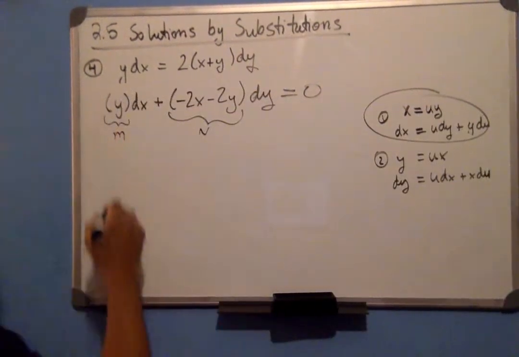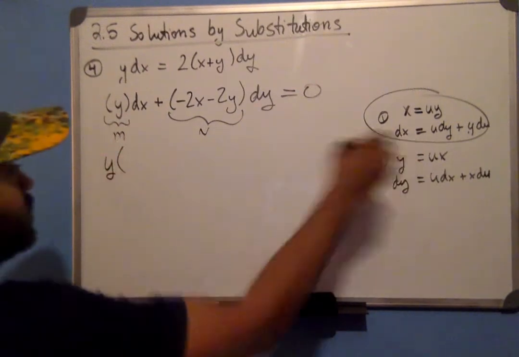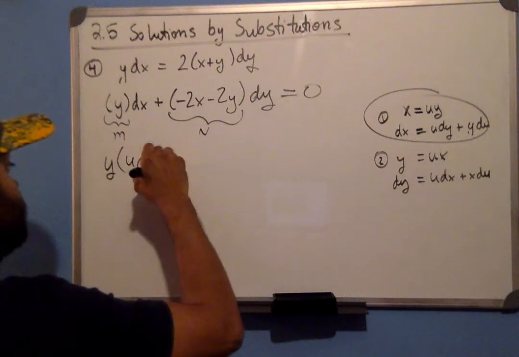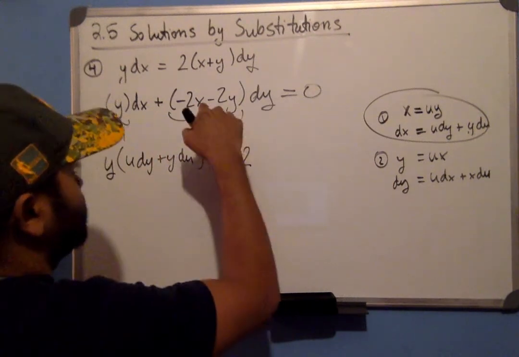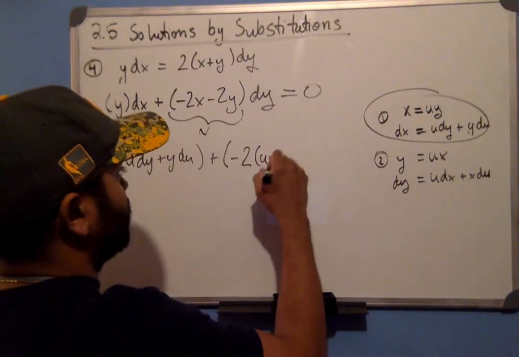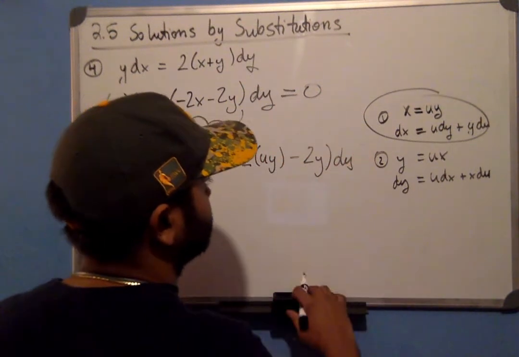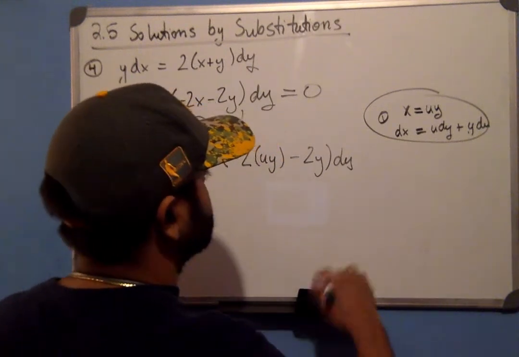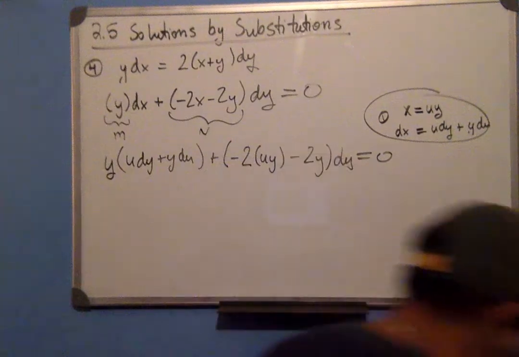Okay, so now this becomes y times dx, which we now call u dy plus y du, all added to negative 2 times x, which we said was uy, minus 2y dy, all equals 0.